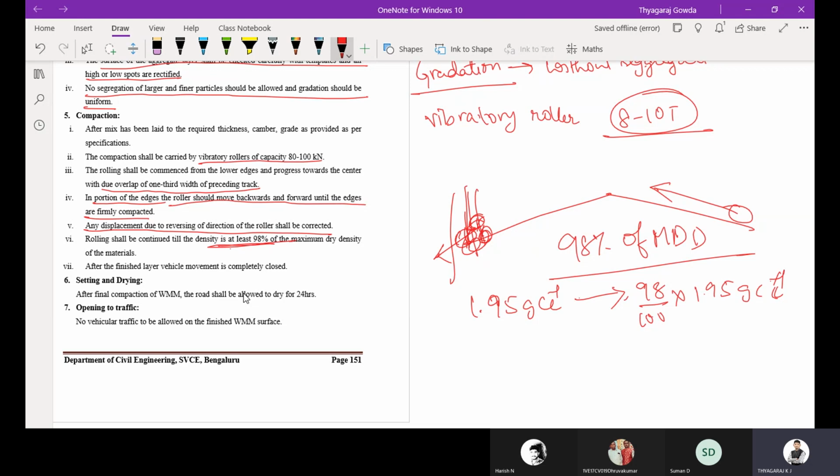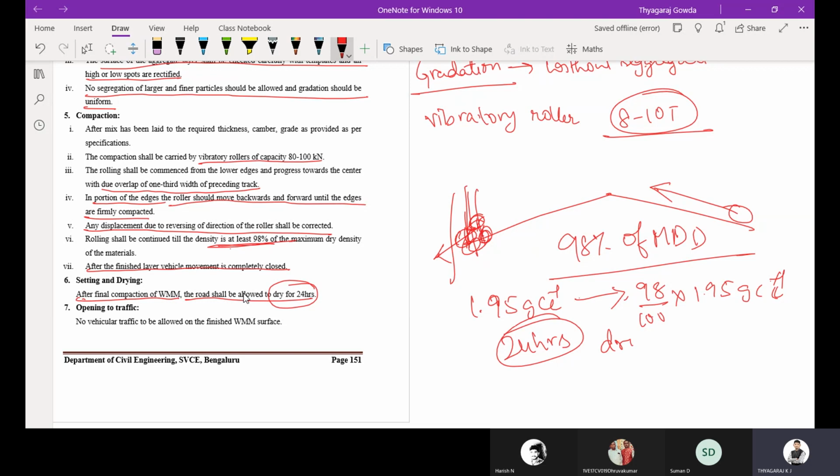Then setting and drying: after a finished layer, vehicle movement is completely closed. Here also we are not supposed to allow the vehicles to move. After final compaction of WMM, the road shall be closed to dry for 24 hours.